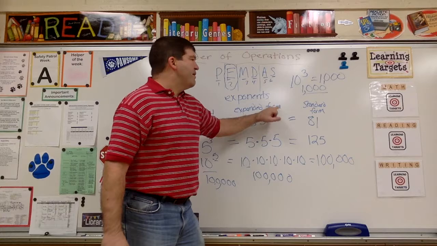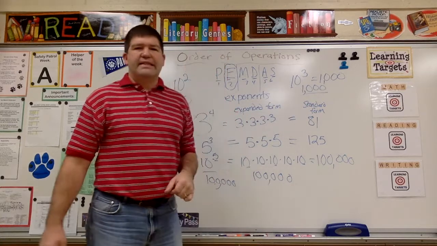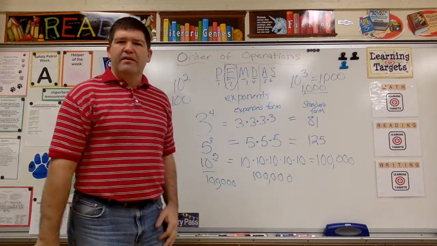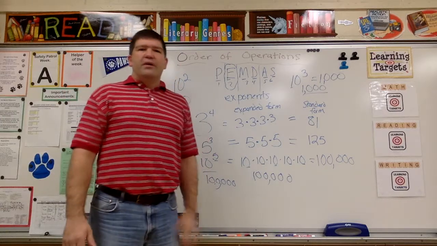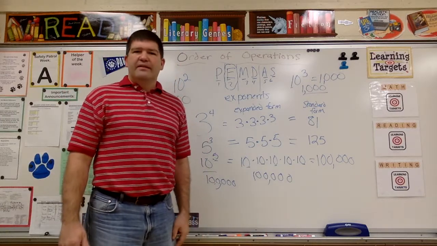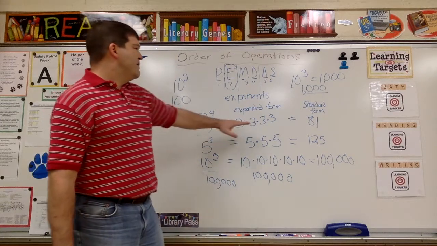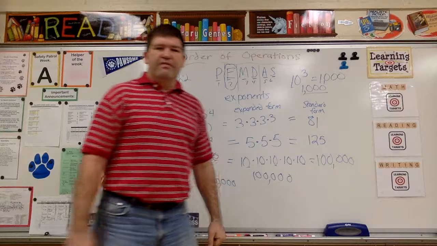I want you to do it then in expanded form, and then I want you to do it in standard form. So put that on just a piece of scrap paper, note card, whatever it is. Bring it into school tomorrow. I'd like to see how you did it in exponential form, expanded form, standard form. Okay?